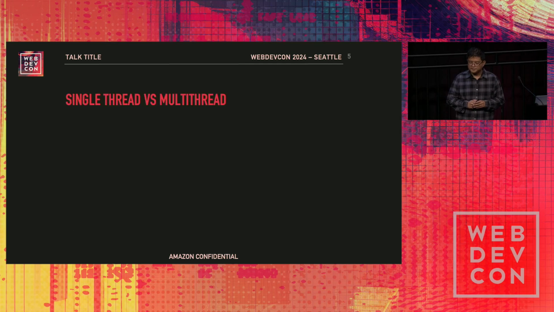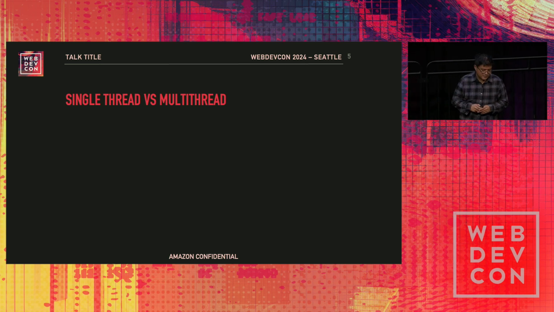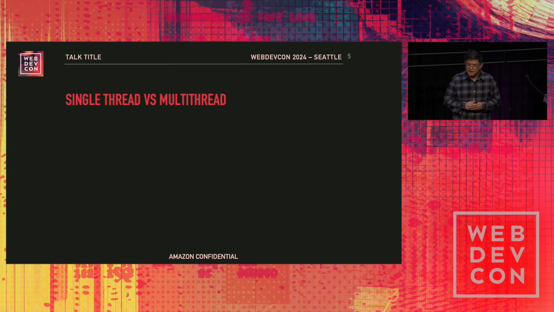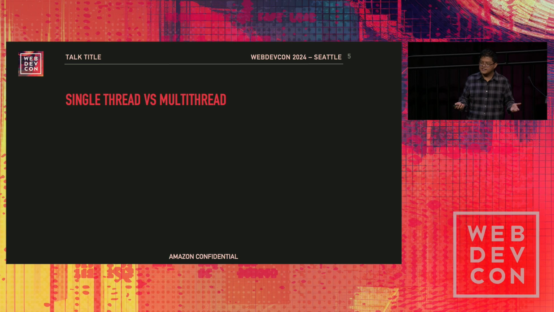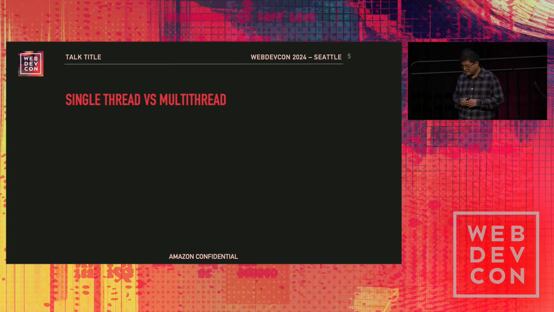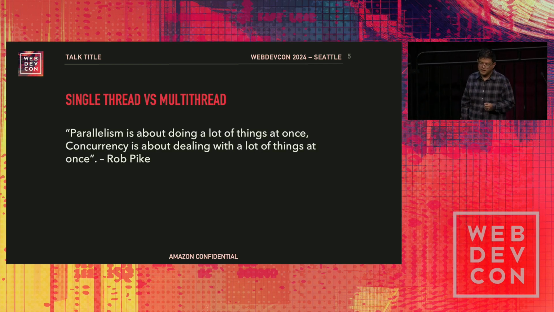So, single thread versus multi-thread. This is one of the concepts from computer science that I found particularly complex, like what is the difference between concurrency and parallel operation? Does it mean the same? And in JavaScript, this is particularly interesting. I found a phrase on the internet in one of the talks that I think explains the concept pretty well.